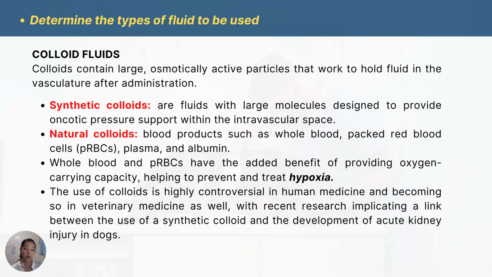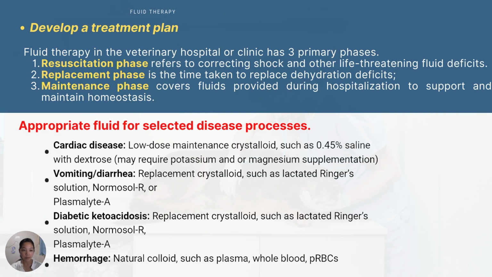Whole blood and PRBCs have the added benefit of providing oxygen carrying capacity, helping to prevent and treat hypoxia. However, the use of colloids is highly controversial in human medicine as well as in vet med, since recent research implicates a link between the use of synthetic colloids and acute kidney injury in dogs.